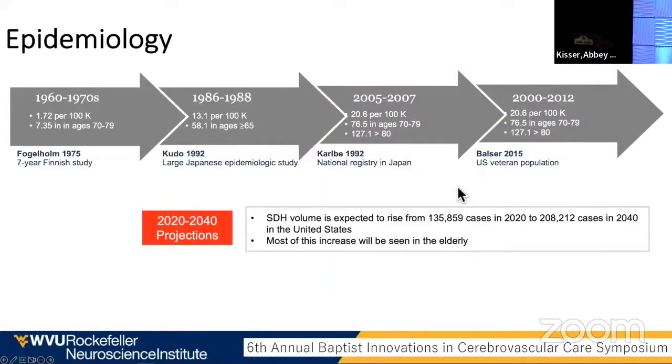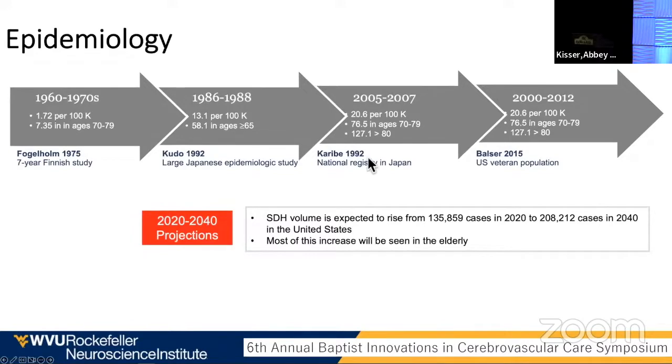Epidemiologically, this is a pretty significant problem, especially in the elderly. This is considered a sentinel event because once it happens, it leads to a downward spiral in the elderly because of causing significant dysfunction in day-to-day activity. Earlier incidences were reported at 1 to 2 per 100,000. This is in the 60s.